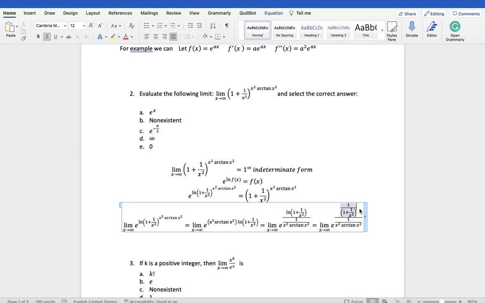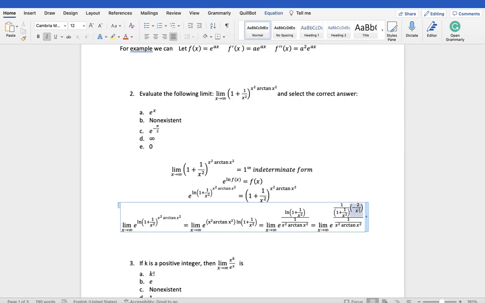Then times, close the brackets, times negative 2 over x cubed. Negative 2 over x cubed. So, does everyone agree here? Yes, I do agree.